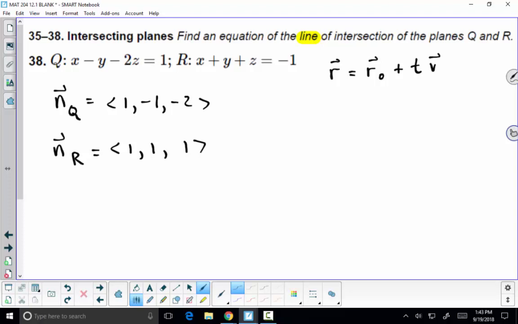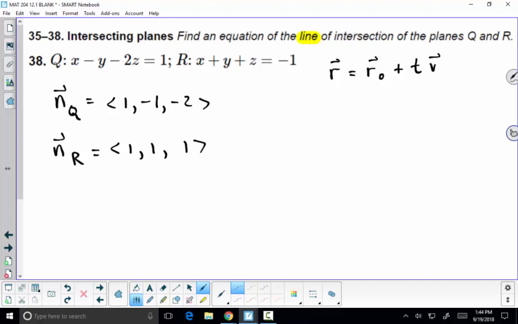Cross product. Exactly what we talked about here. If we have a normal here and a normal here, if we cross them, we're going to get the direction for the crease. So two normals crossed will give you the direction of the line of intersection.